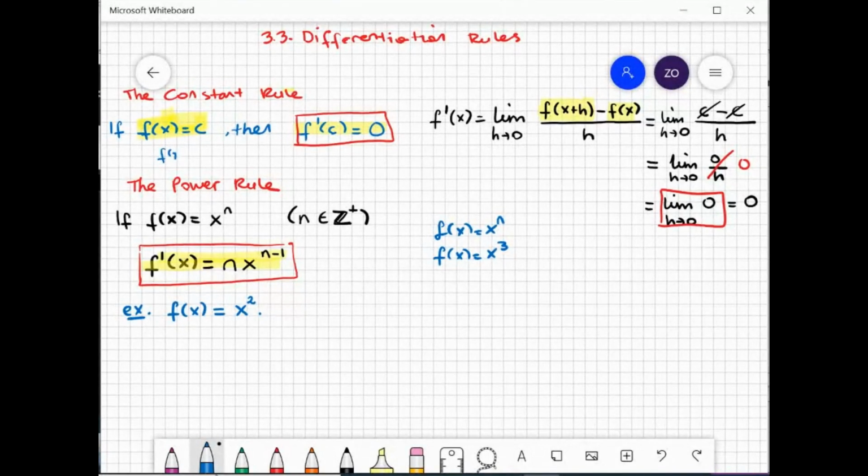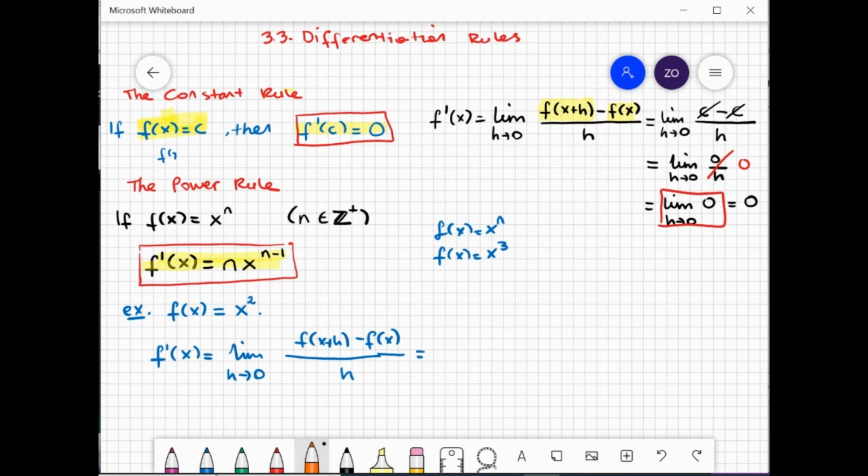So let us talk about how we can show this for the x squared function. So the derivative of f, remember the formula again, the limit as h goes to 0 of f of x plus h minus f of x over h.